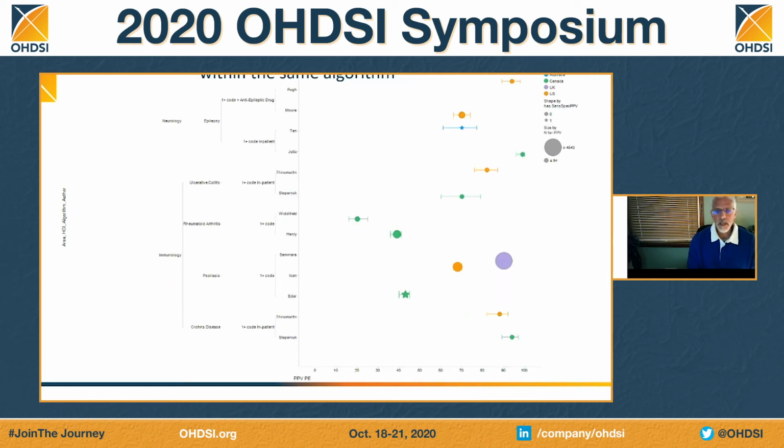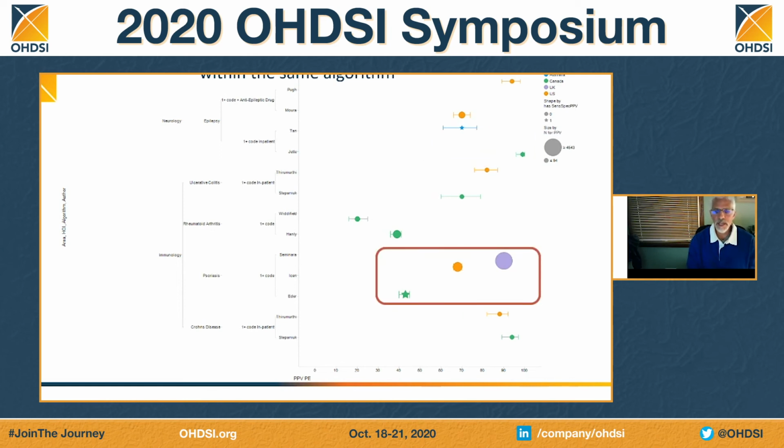Here we show differences between studies testing the same algorithm. For example, in 2 studies examining the performance characteristics for epilepsy using an algorithm of 1 code in an inpatient setting, one study found a PPV of 70%, while another study found a PPV of 99%.